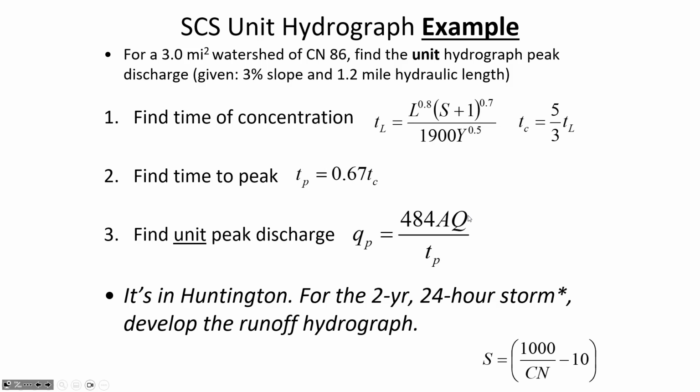So here on the whiteboard I've written that the storage is 1.63 inches because of the curve number of 86. The lag time is 0.656 hours. Time of concentration 1.093 hours, and therefore the time to peak 0.729.